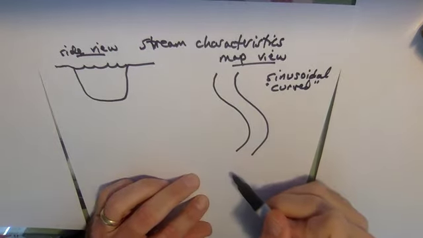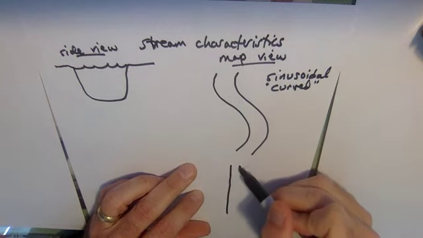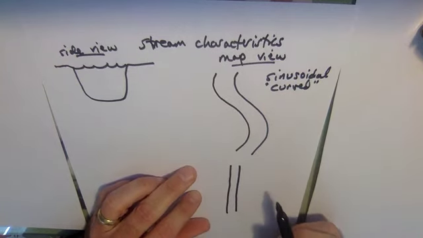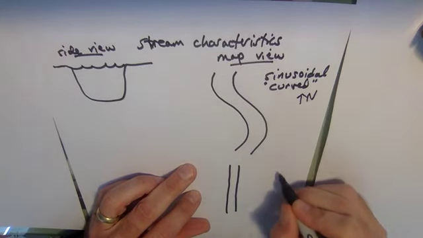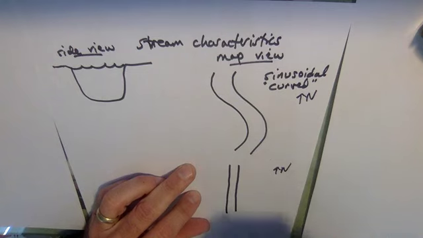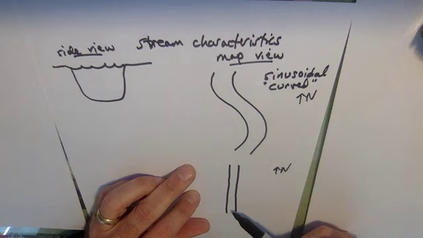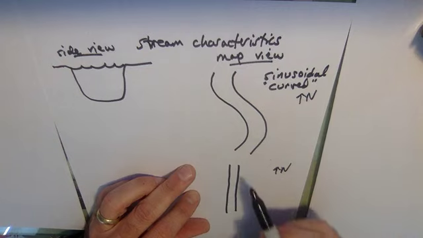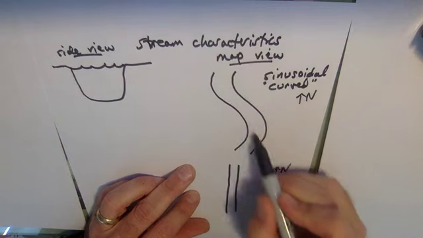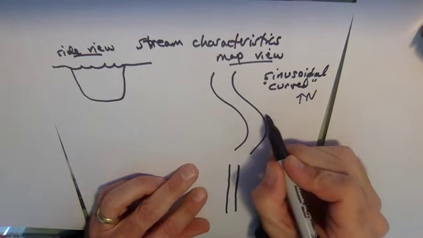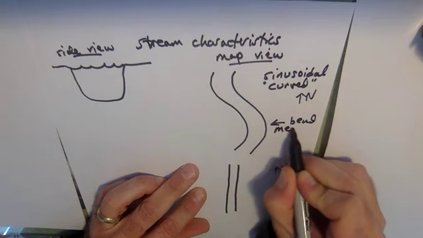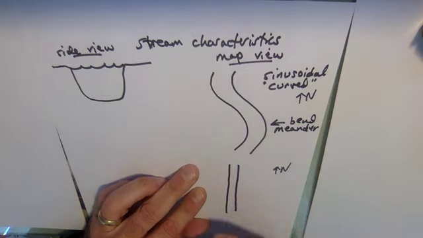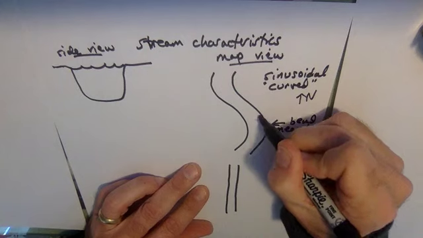Even if you were to go out and straighten a river and make it perfectly straight, and just to be clear, this is north, so that we recognize we're looking down from space, over time it would again begin to develop these curves. Each bend is referred to as a meander. The rivers meander back and forth.